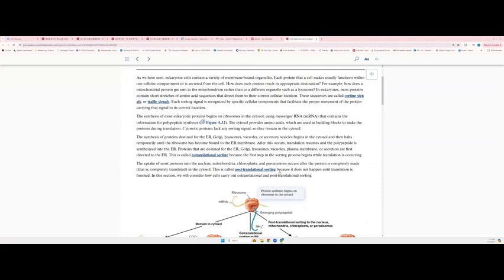But this type of protein, which is made in the ribosome in the cytosol, doesn't have any sorting signals, so it remains in the cytosol. So what are sorting signals?